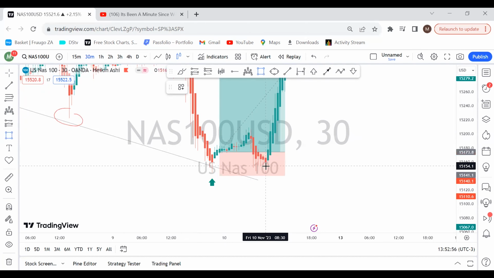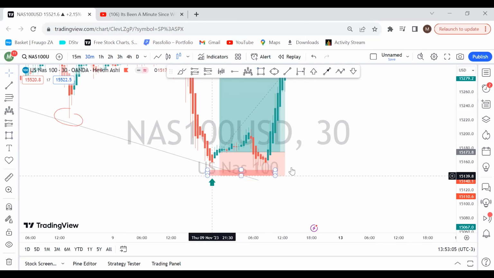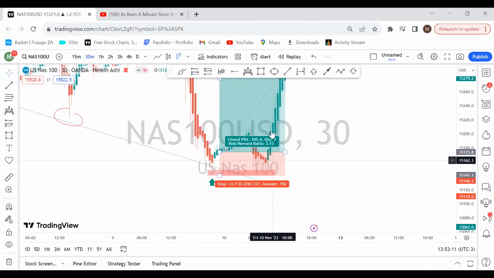But then the price rejected and went back up. So what you do when this happens, you're gonna set your zone right there, because since you know this is a nice zone, the price went back down to retest the zone by giving you a double bottom.